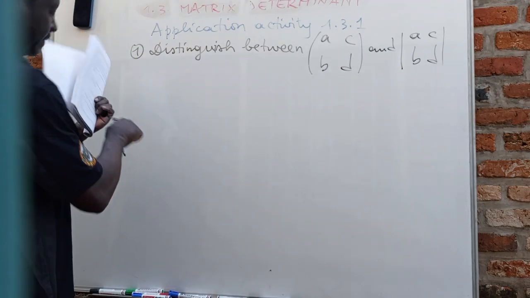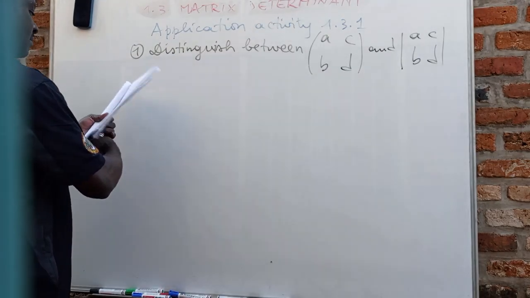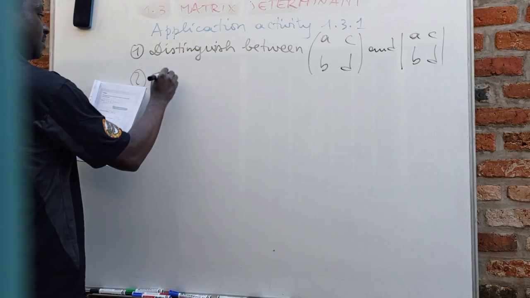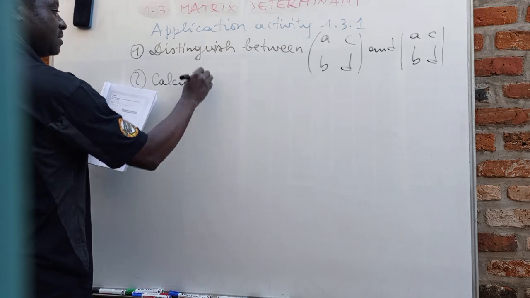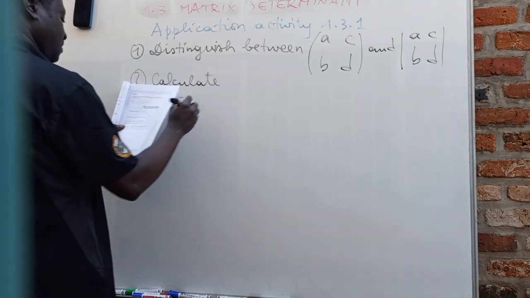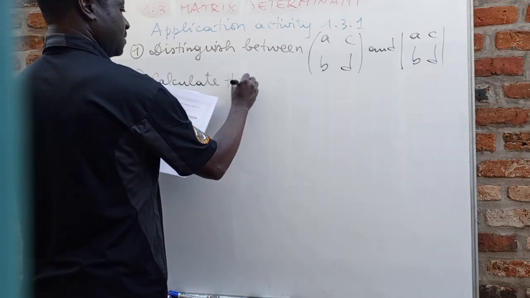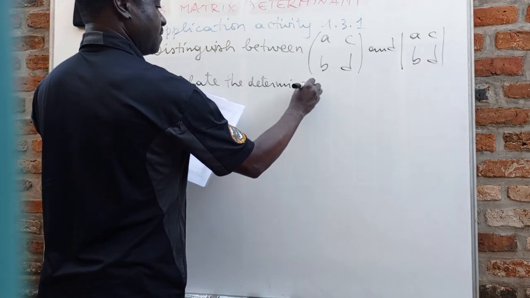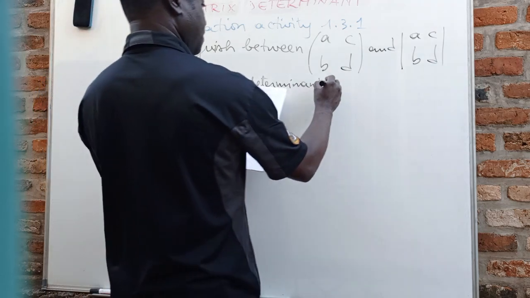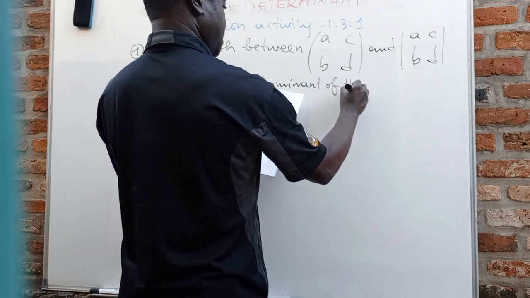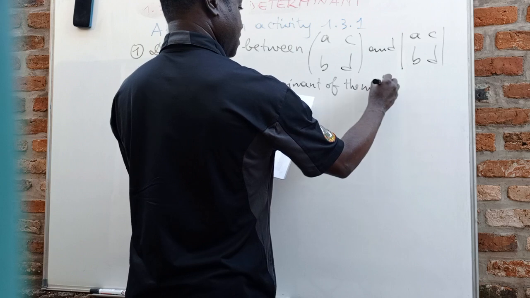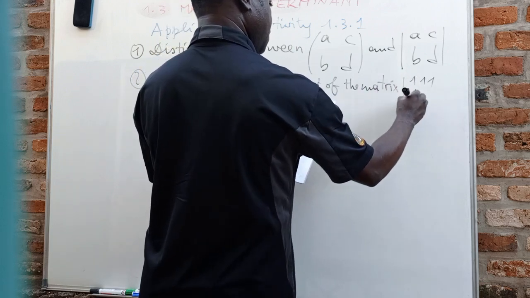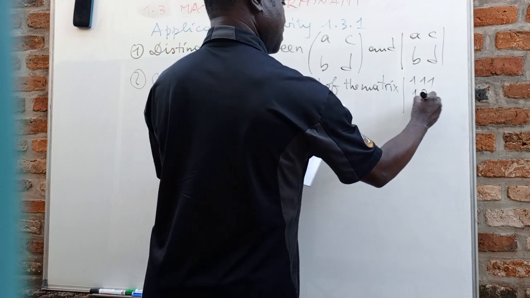Okay, question number 2. Calculate the determinant of a 3 by 3 matrix: 1, 1, 1, 1, 2, 3, 1, 3, 2.